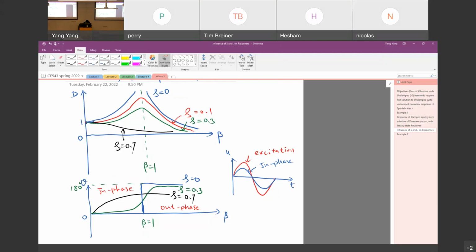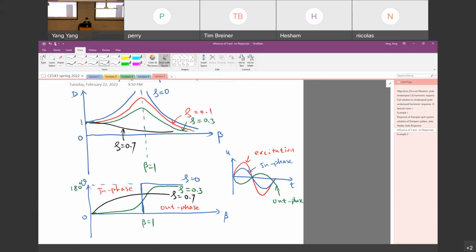Where you may have the out of phase, this is called out of phase. In this case, the input and output have opposite signs.